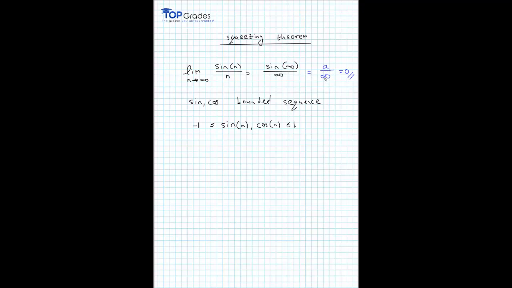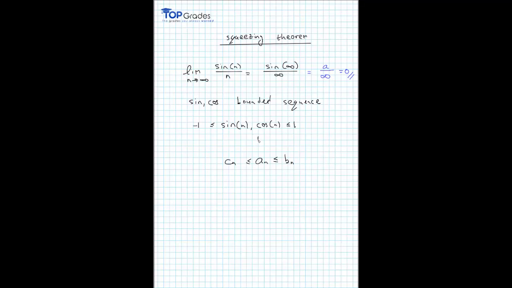But how can I do this mathematically using the squeezing theorem? What is the squeezing theorem? The squeezing theorem says that if we have a sequence an that's smaller or equal to another sequence bn, but bigger or equal to another sequence cn, what does it mean? It means that from some point, all bn numbers are bigger than an.